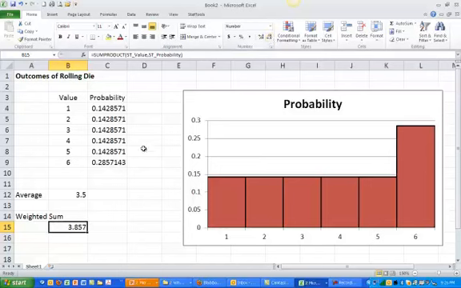So I use this just to illustrate the fact that when we're dealing with a discrete probability distribution, it's really important that we shift our thinking away from the concept of an average or an arithmetic mean. We now have to take all of our definitions for everything, for average, variance, standard deviation, covariance, all of those definitions that are rooted in an average in some way, and replace that idea with a weighted sum.